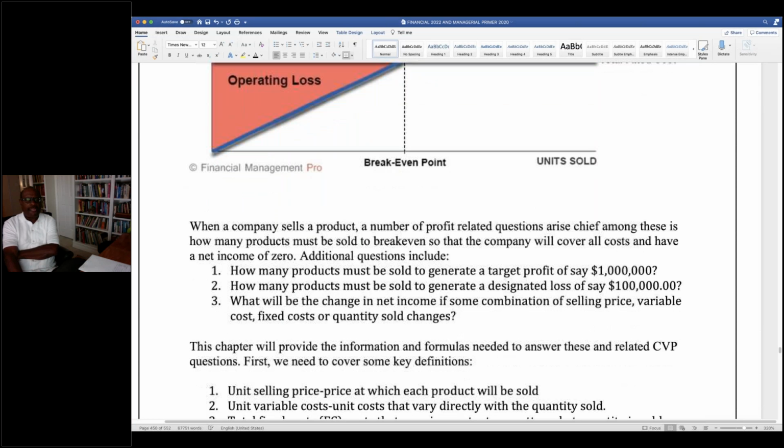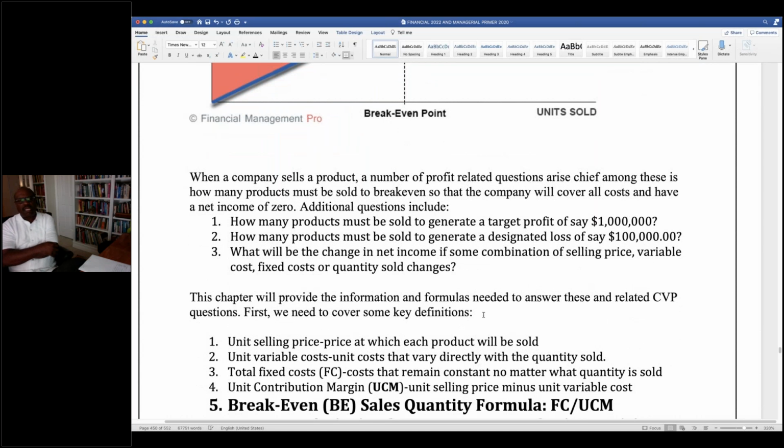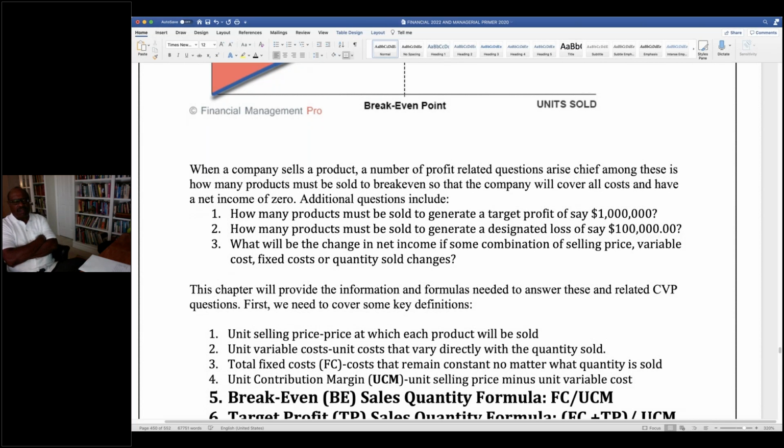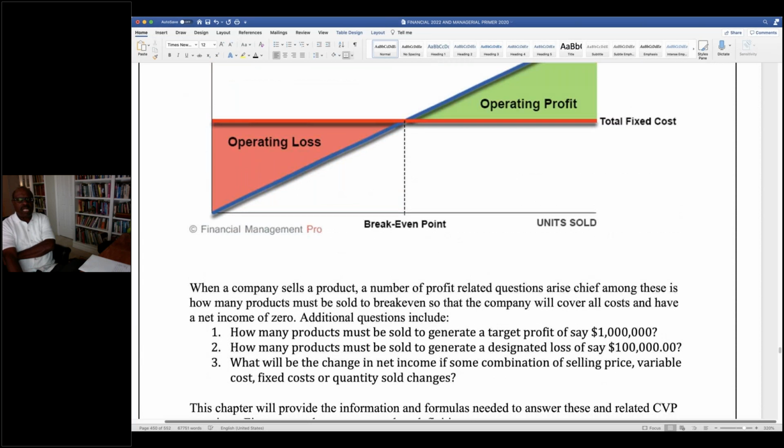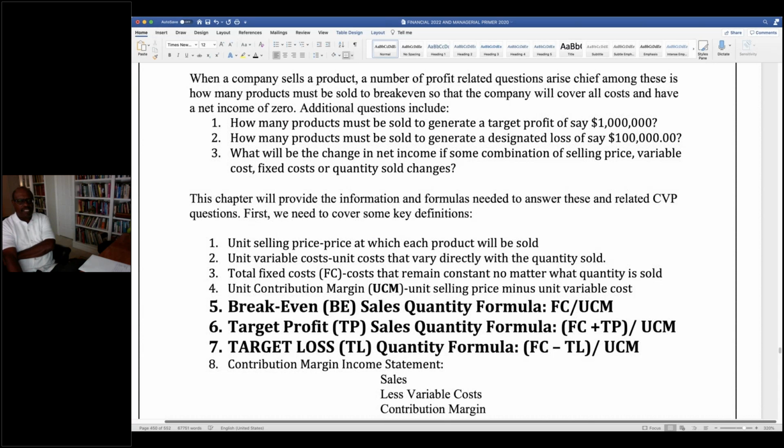So let's begin to look at how we will do that. As we began to talk about last time, in managerial accounting, we have to make decisions. How many products are we going to sell? What's the profit going to be? We talked about last time that we have to move to a new classification of costs. Costs will now be classified between fixed and variable.